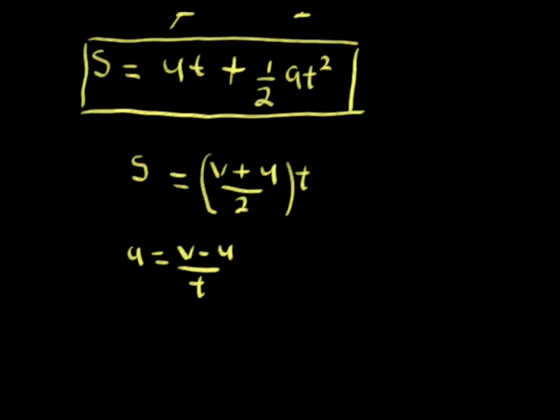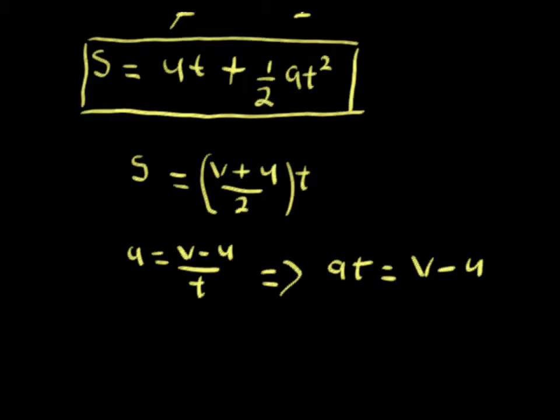So if we cross multiply, this is going to give us that at would be equal to v minus u. That's what we're going to have, right?